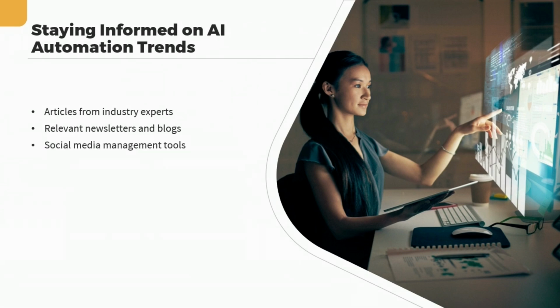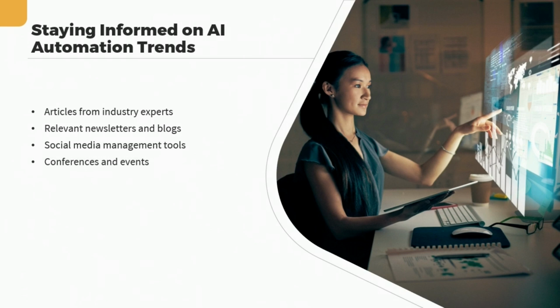You can use tools like Metricool to monitor industry conversations, track competitor activities, and discover trending topics based on AI automation across social media platforms. Basically, Metricool is a really good tool for being able to consolidate information across the various social media platforms.